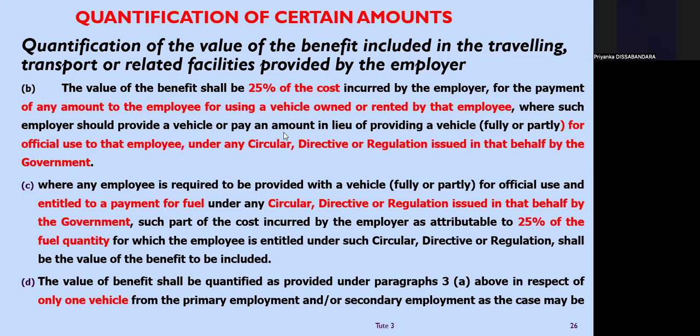If we receive allowance for a vehicle, then 25% of that amount can be considered. If we receive fuel allowance, 25% can be considered as our liable income for the income tax.